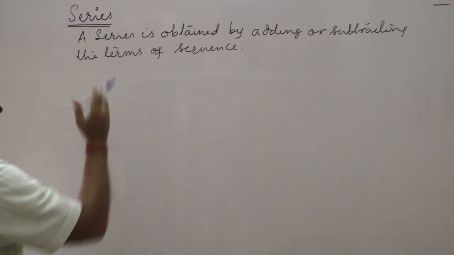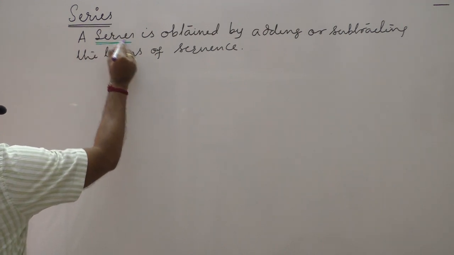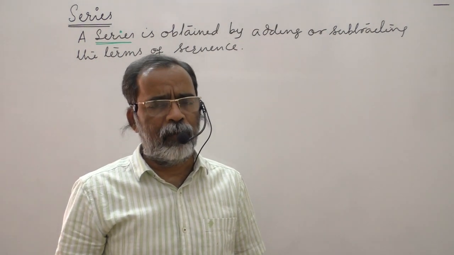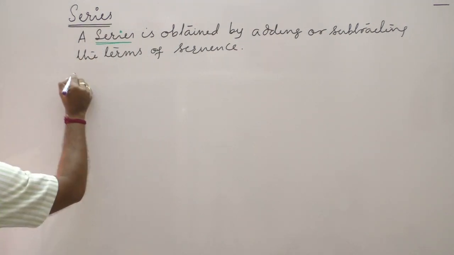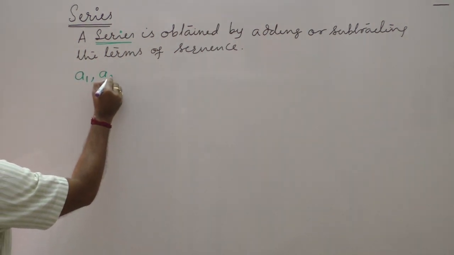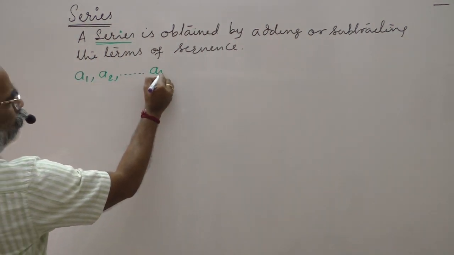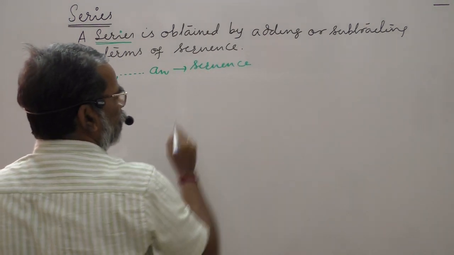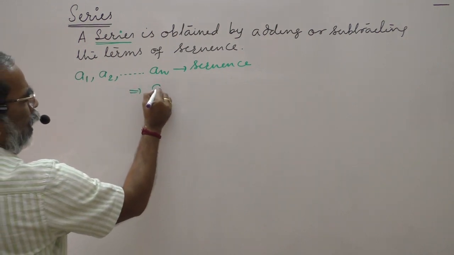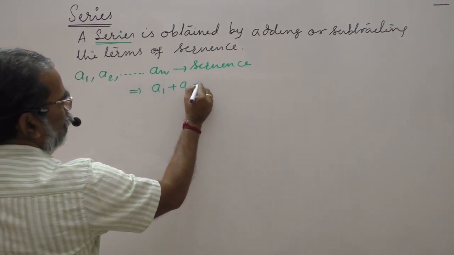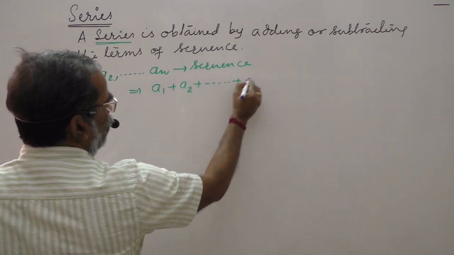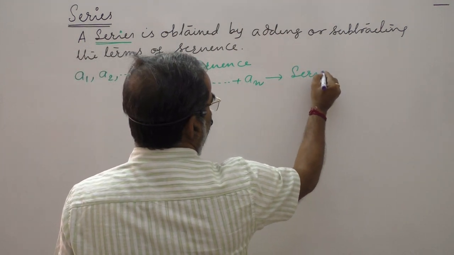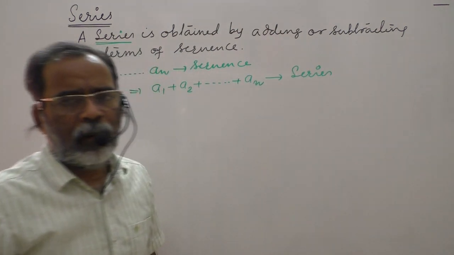Very simple. What is a series? A series is obtained by adding or subtracting the terms of a sequence. For example, if a1, a2, a3, dash dash, an is a sequence, then if you add or subtract the elements, a1 plus a2 plus a3 plus a4 plus dash dash up to an, this will be a series.